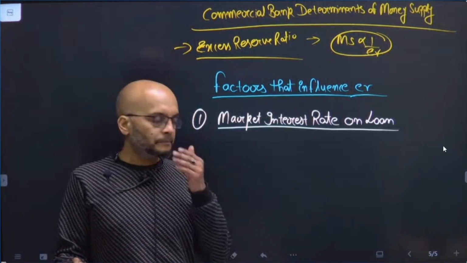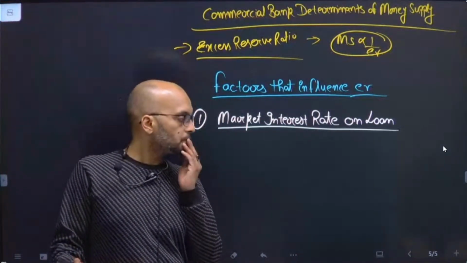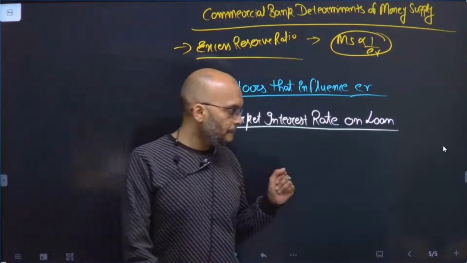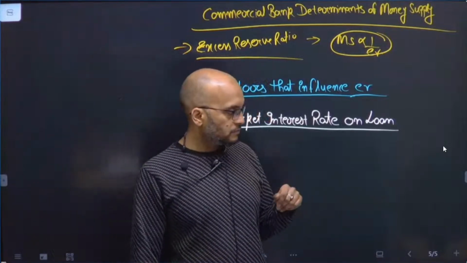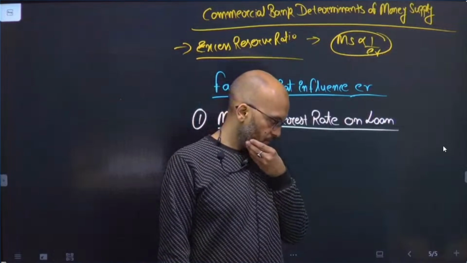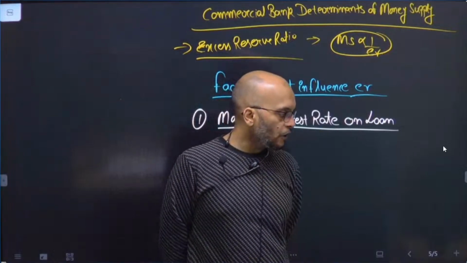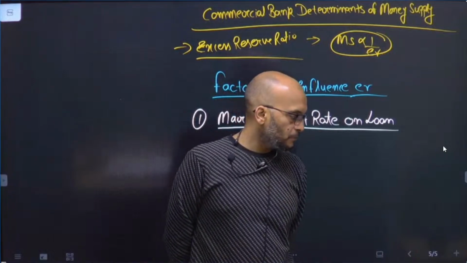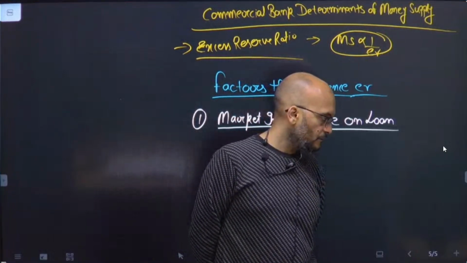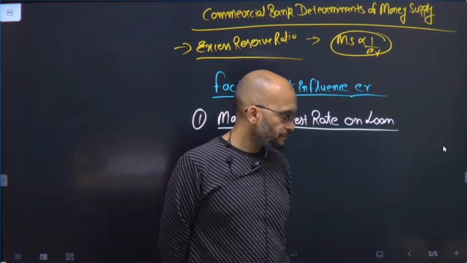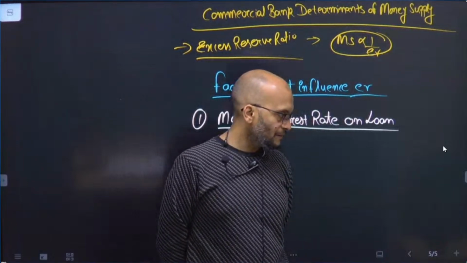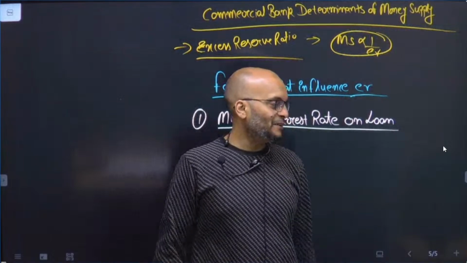Did you understand? Sakshi, Simran, Jyotika, everyone? No? Understood or not? Bolo. No. What you did not understand?